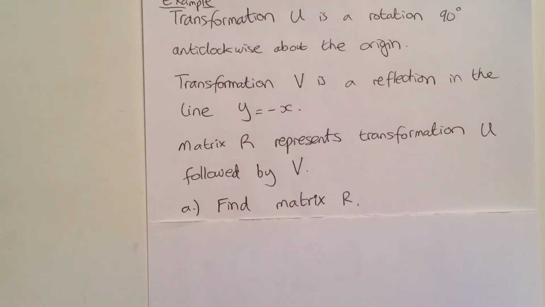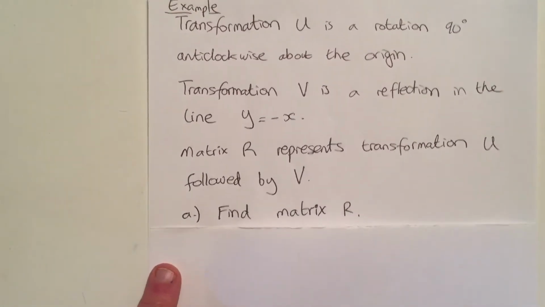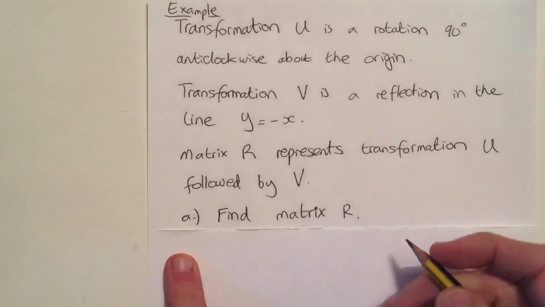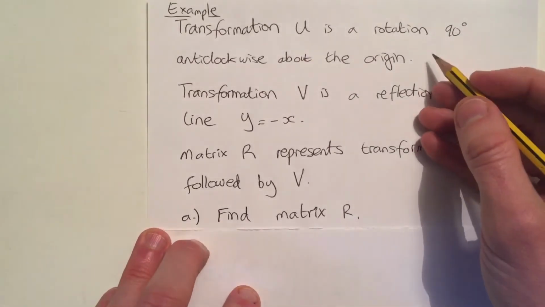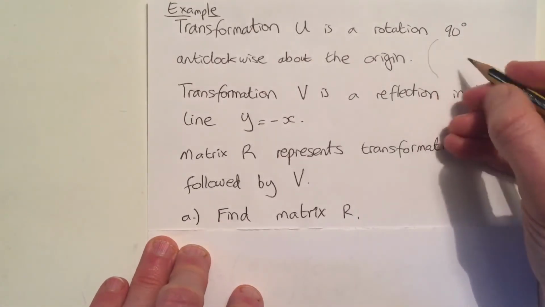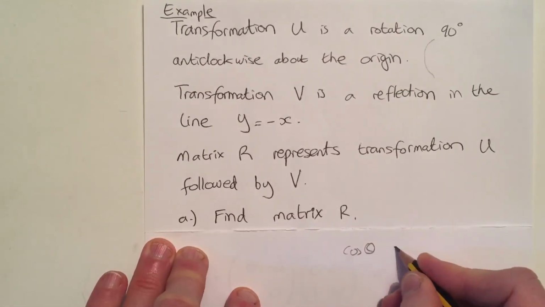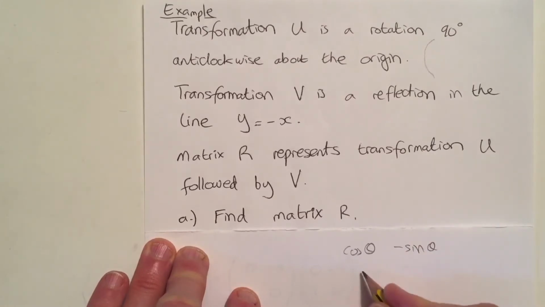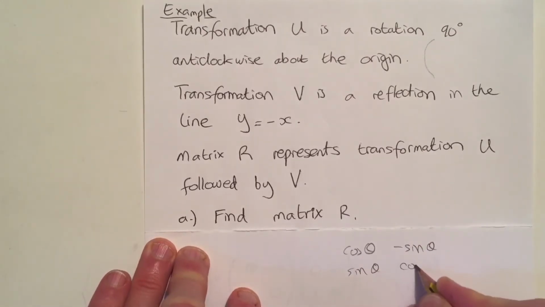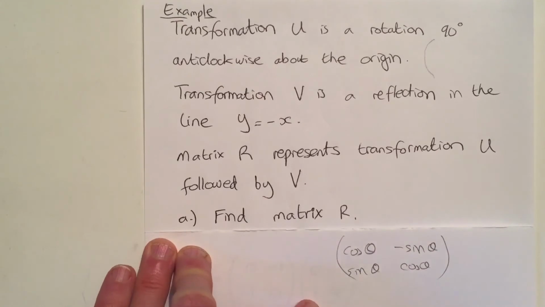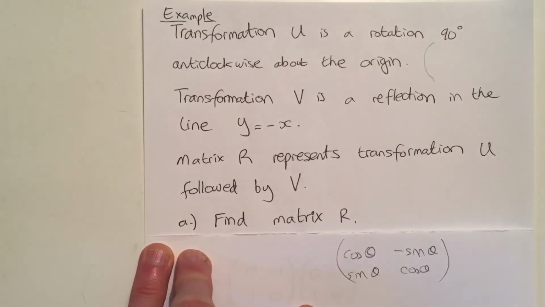So we have a transformation U, which is a rotation 90 degrees anti-clockwise about the origin. So let's try and write down the matrix that represents that first. Remember the general matrix for a rotation is cos theta, minus sine theta, sine theta, cos theta, where theta is a rotation of 90 in the anti-clockwise direction, which is fine, that's what we've got here.